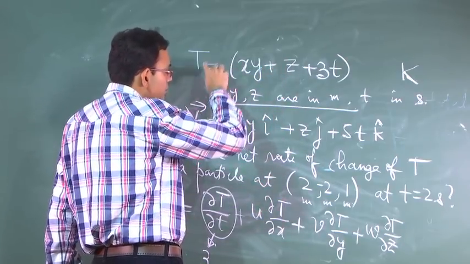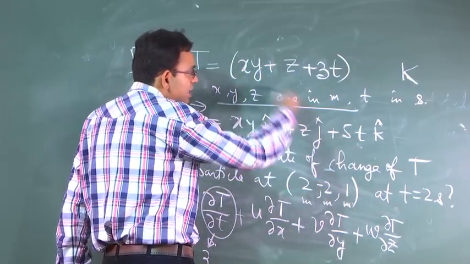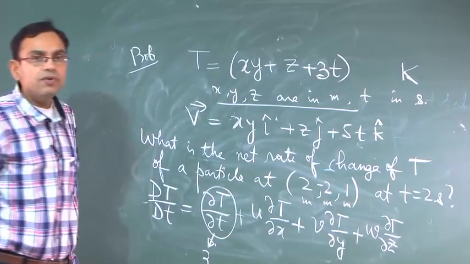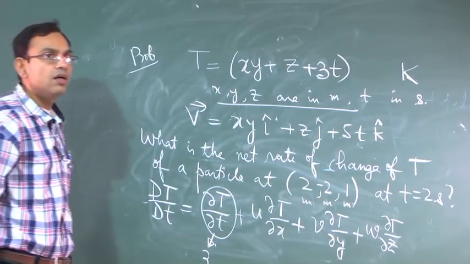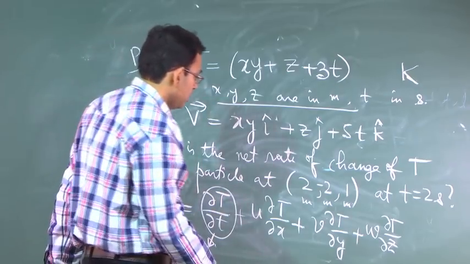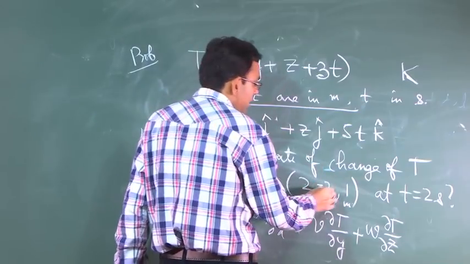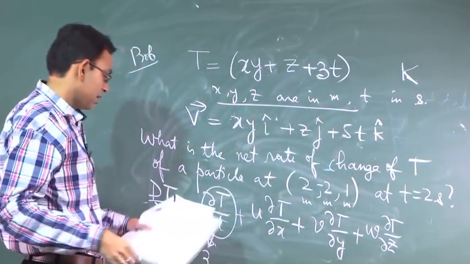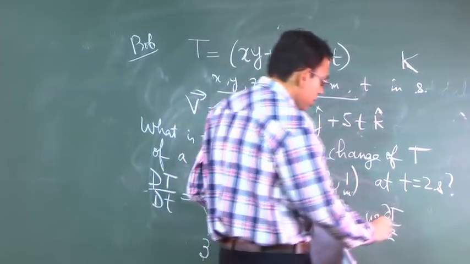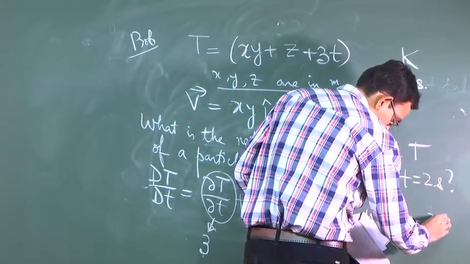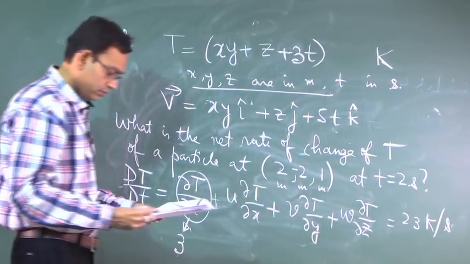Similarly, you can find the partial derivative of T with respect to x, y, z; these are simple, trivial differentiations, so I am not wasting much time on these. You can add it up, and at 2, minus 2, 1 you can get the value. I am giving you the final answer so that you can work it out and check yourself. So, it is 23 Kelvin per second. Okay.